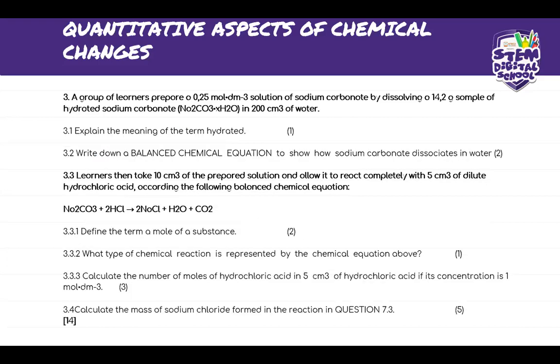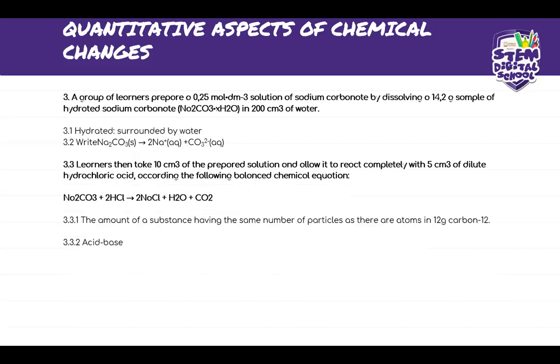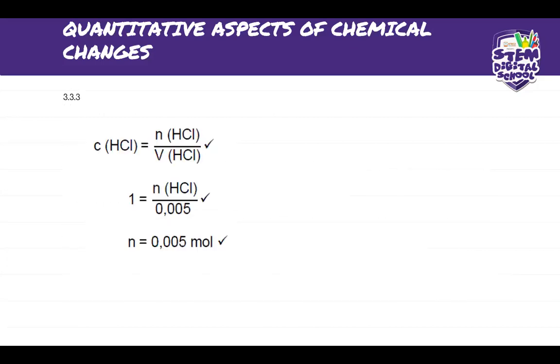To calculate the number of moles of hydrochloric acid, the concentration is 1 mole per cm cubed. Concentration is equal to the number of moles divided by the volume of HCl.